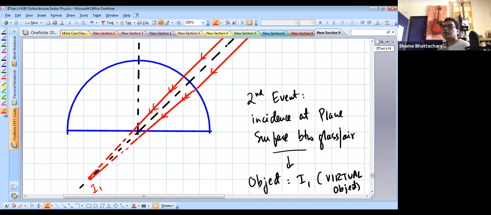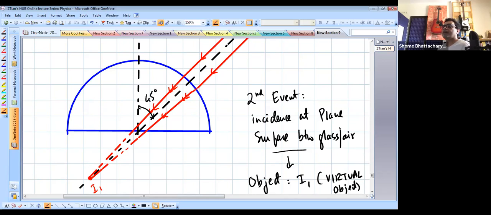And you can see that for this incidence, this one is a normal. For that incidence, the angle of incidence is more or less this one, which is 45 degrees.